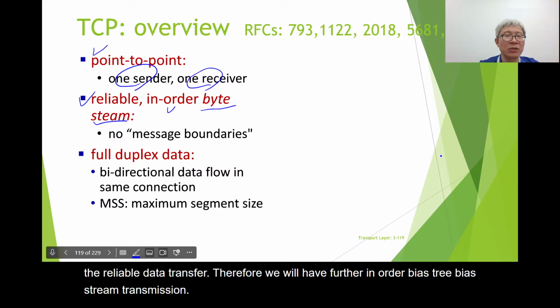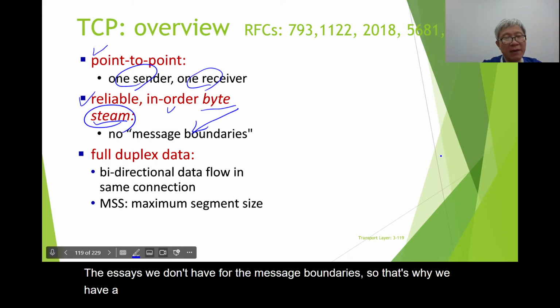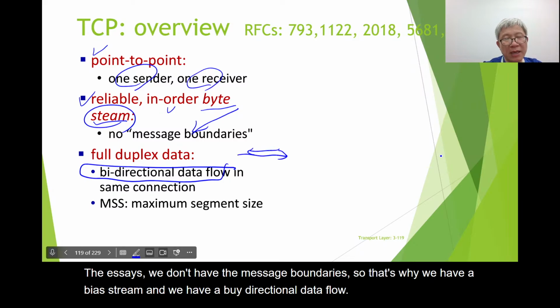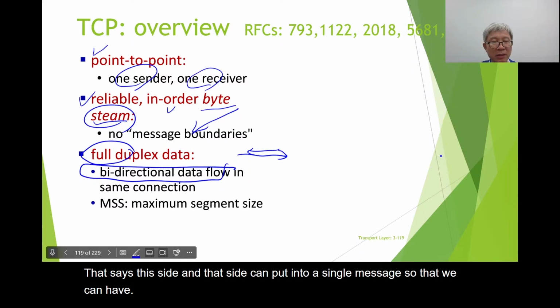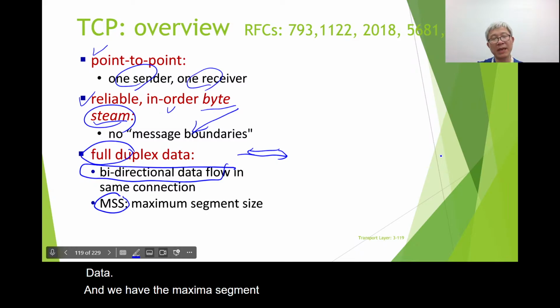That says we don't have message boundaries, so that's why it is a byte stream. And we have a bi-directional data flow. That says this side and that side can put data into a single message so that we can have full duplex data. And we have the maximum segment size, denoted by MSS.